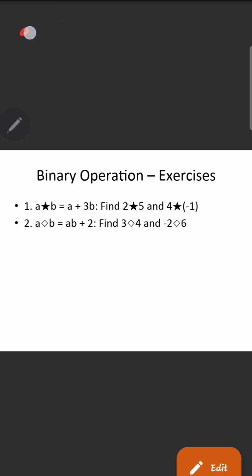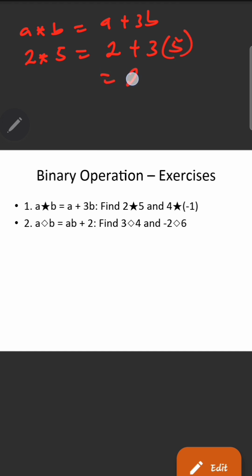We have been given A operation B to be A plus 3B. So 2 operation 5 will give us what? A is 2. That's 2 plus 3B. That's 3 into brackets 5. So we have what? 2 plus 15. That is 17.